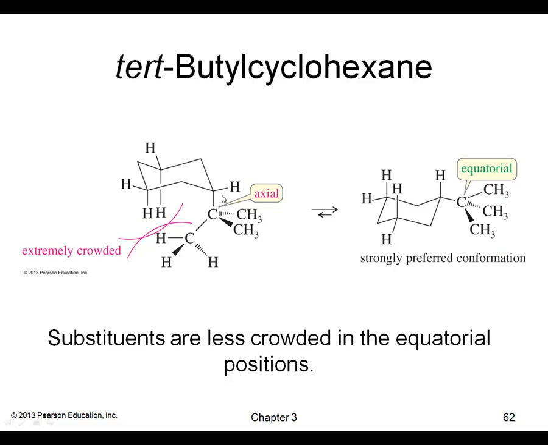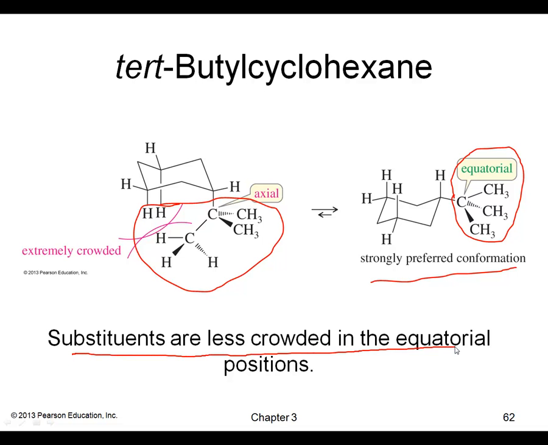See it even more with the T-butyl group. Okay, put the T-butyl group in the axial, you get a lot of crowding here. But put it in the equatorial, that crowding is relieved, and so this would be the more preferred conformation. Okay, so again, substituents are always less crowded in the equatorial position.